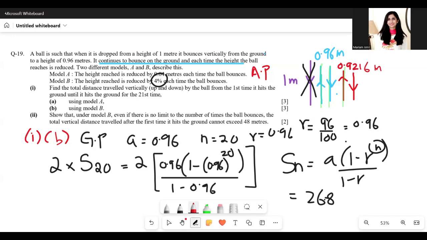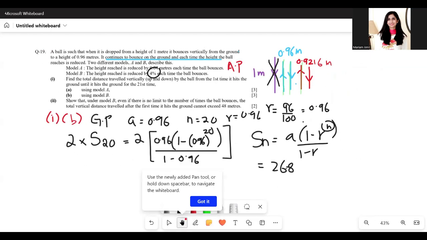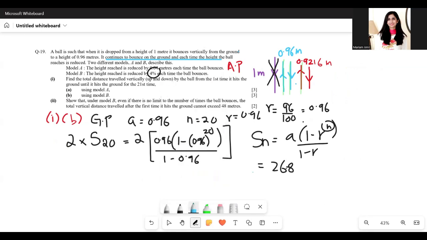So they're saying that no matter how many times this ball keeps bouncing, the maximum distance covered by this upward and both downward motion cannot exceed 48.